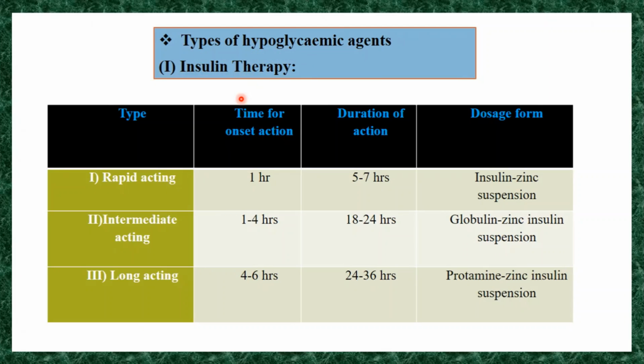In insulin therapy, first we'll see what insulin is. Insulin is a hormone consisting of two polypeptide chains having 21 and 30 alpha amino acids, which are held together by disulfide, that is SS linkage.